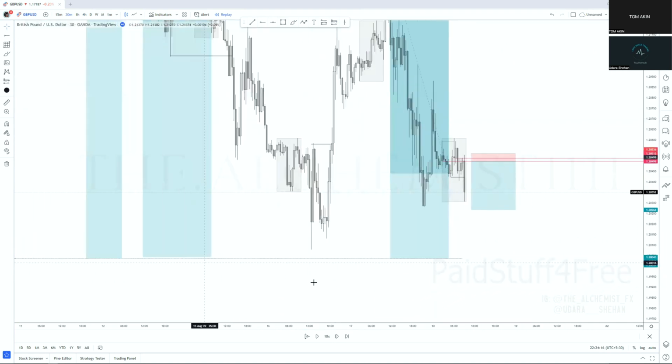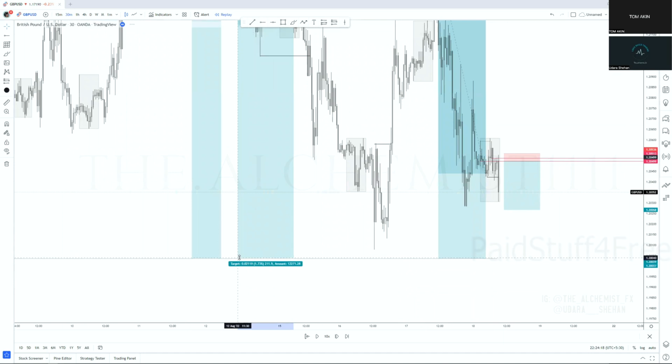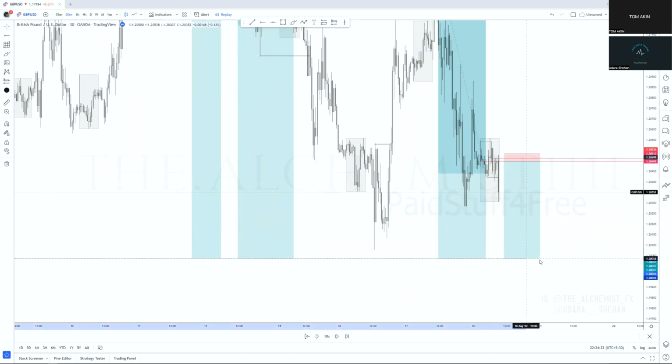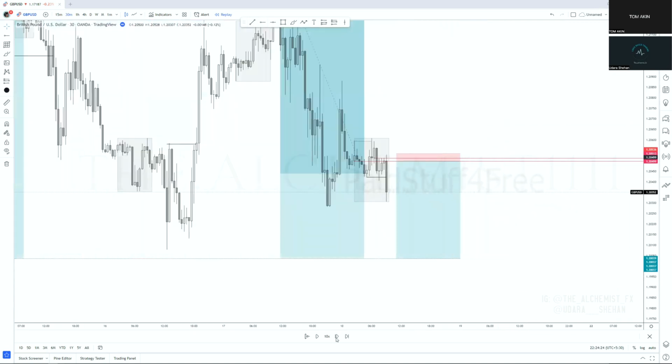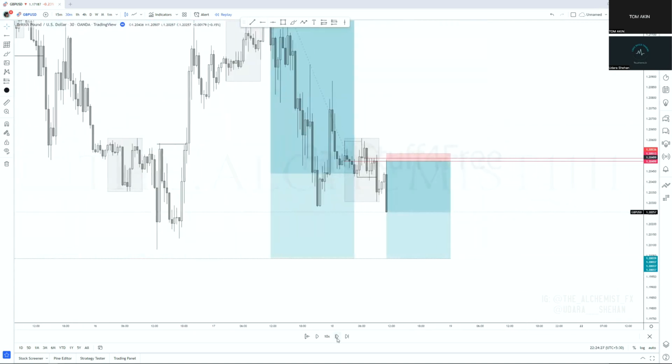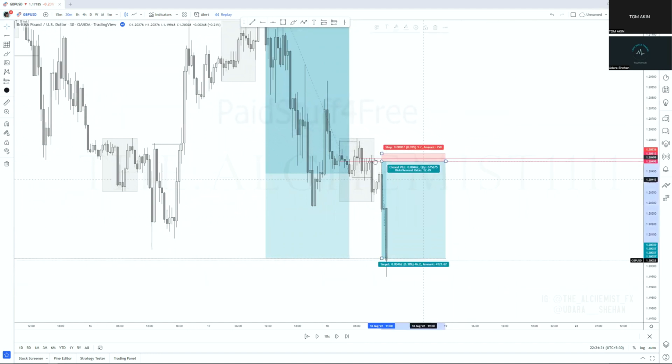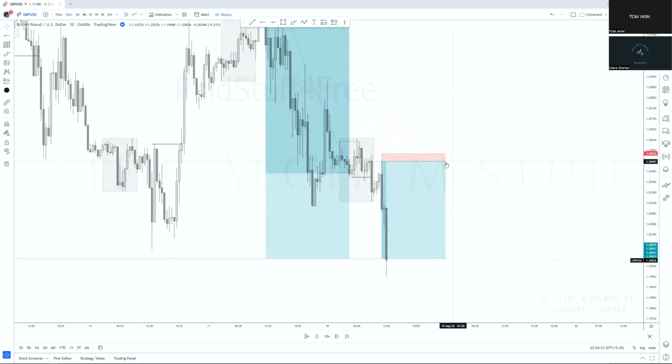And since we're so close to the external range liquidity, my first target was the external range liquidity, 46 pips. Can you understand that? It's clear, right? So that was my target. Look what happened. See that? Came down, tapped, and this was that London kill zone setup.